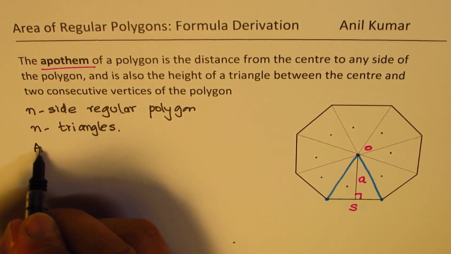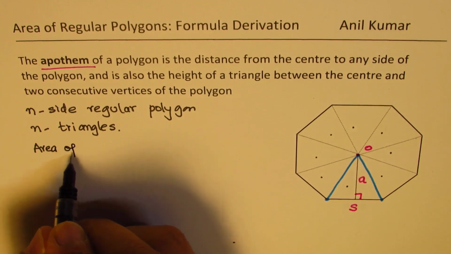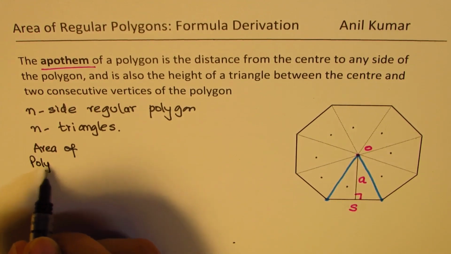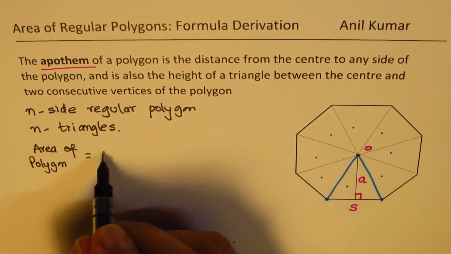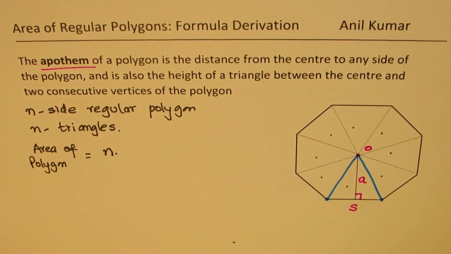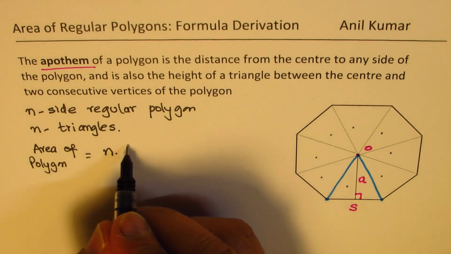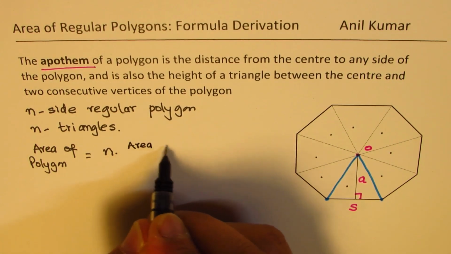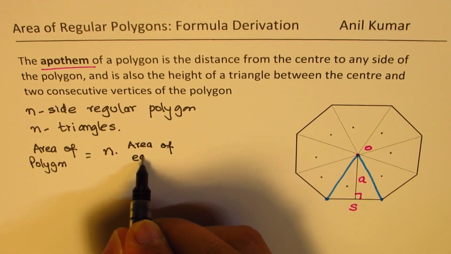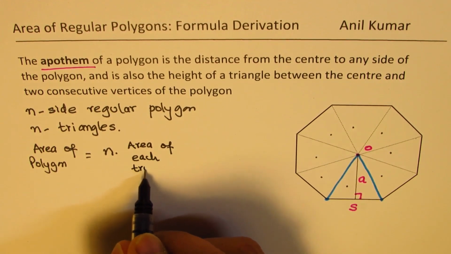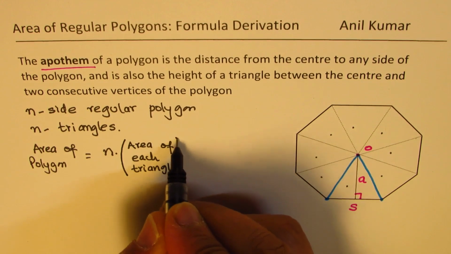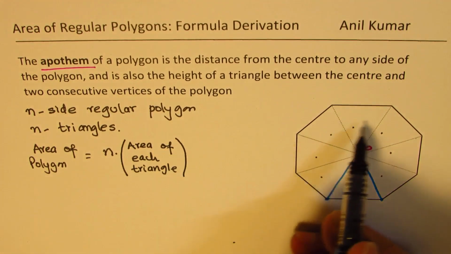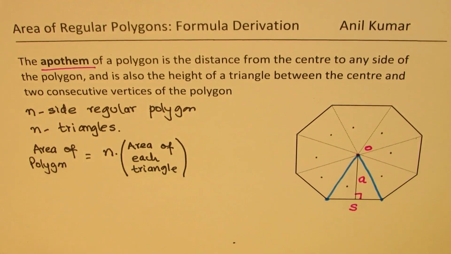So now, area of polygon is equal to number of triangles, which is n in our case, times area of each triangle. Right? So since there are n triangles, we'll add them all to get the total area of a polygon. Clear?